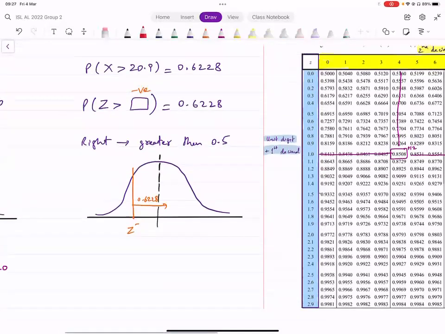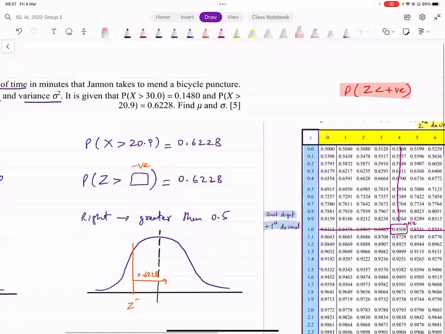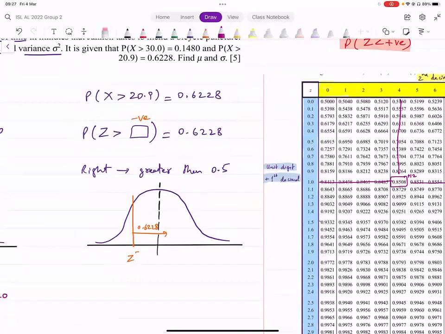Table में तो क्या form होती है? Table में हमारे पास form होती है probability of z less than something positive. That's the form that we're given in the table. We have to convert it to this form. तो हम क्या करते हैं, इसको flip कर दें. So जो flip करते हैं, we get that the area towards the left of the corresponding positive value should also be 0.6228. ठीक है, आपने सिर्फ फिगर को फ्लिप कर दिया कि z की पॉजिटिव वैल्यू जो होगी उसका बस साइन अपन पॉजिटिव कर दिया, उसके लेफ्ट साइड पे एरिया कितना होना चाहिए, that should also be 0.6228.